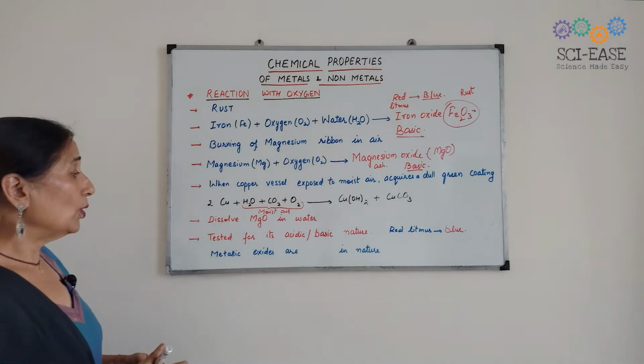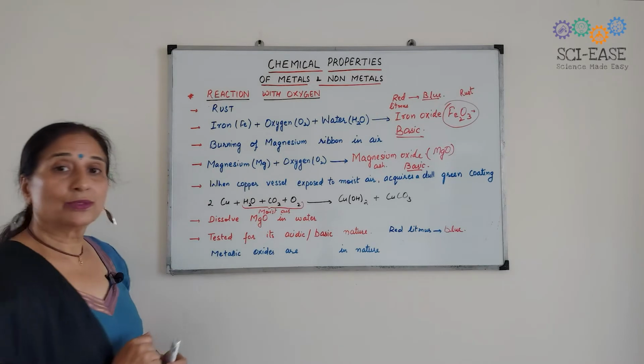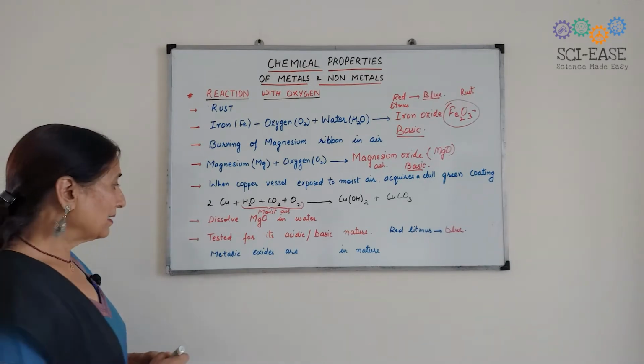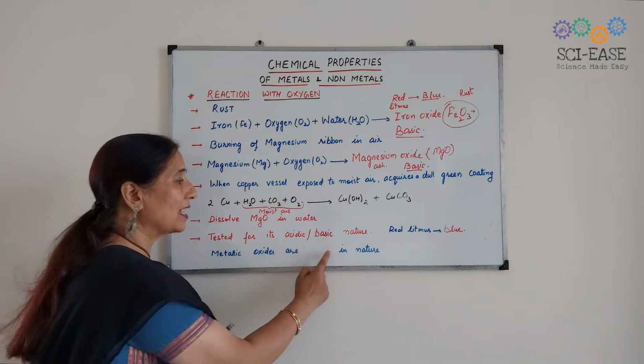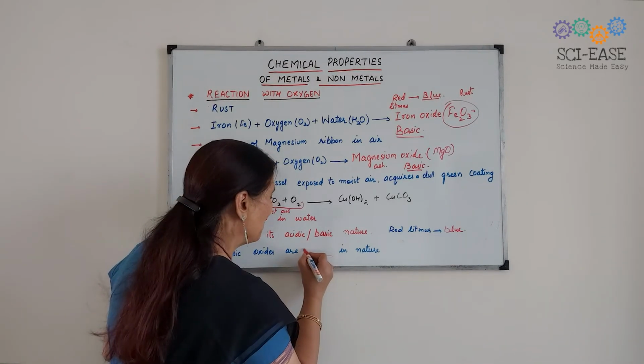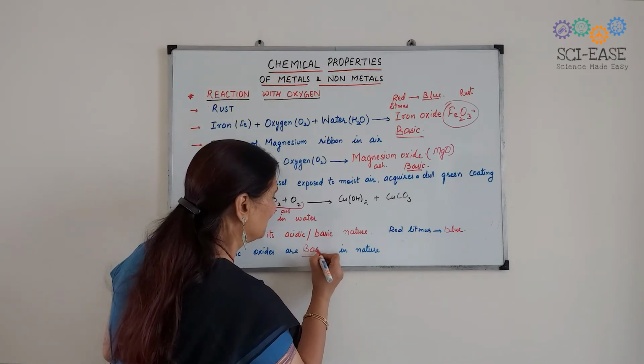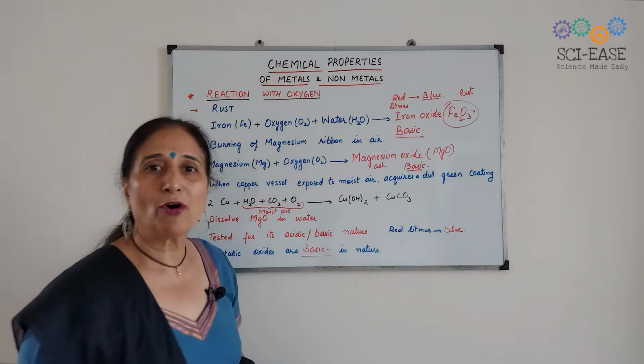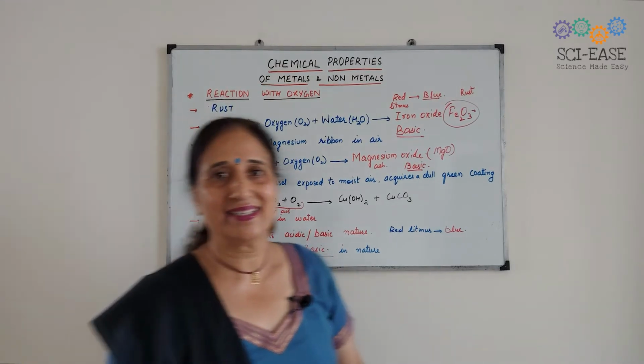Okay. So, we can conclude from this that metallic oxides are basic in nature. They all form basic oxides.